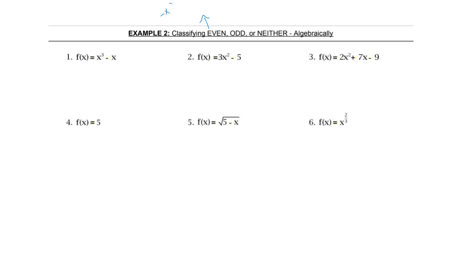Odd: negative x for x, the equations are opposite. And then neither: it's neither the same nor opposite.